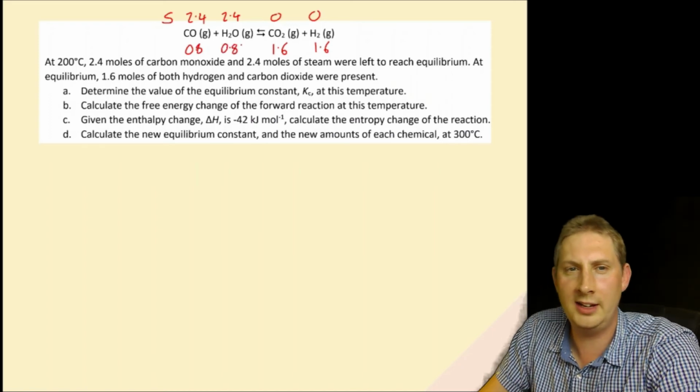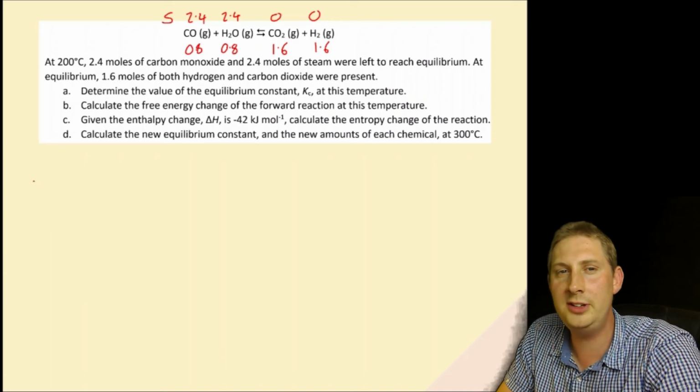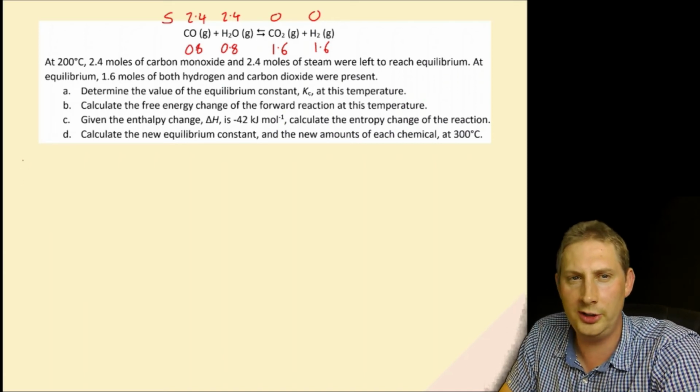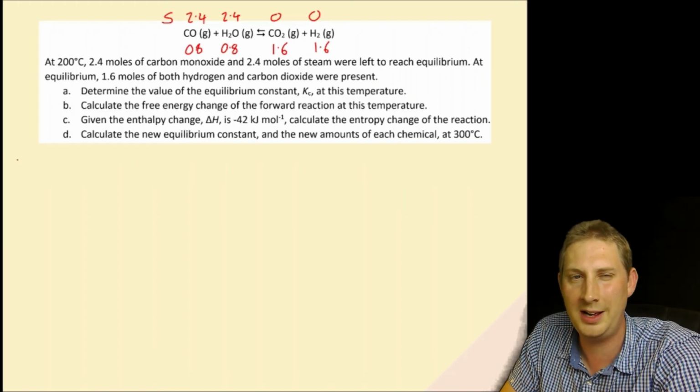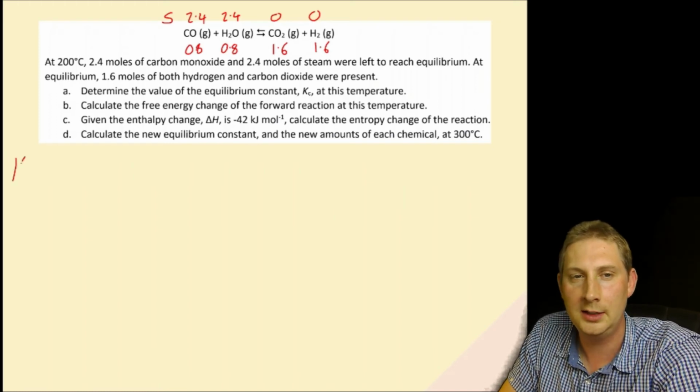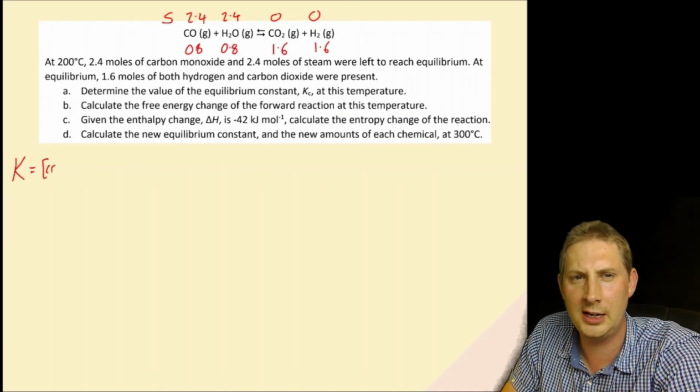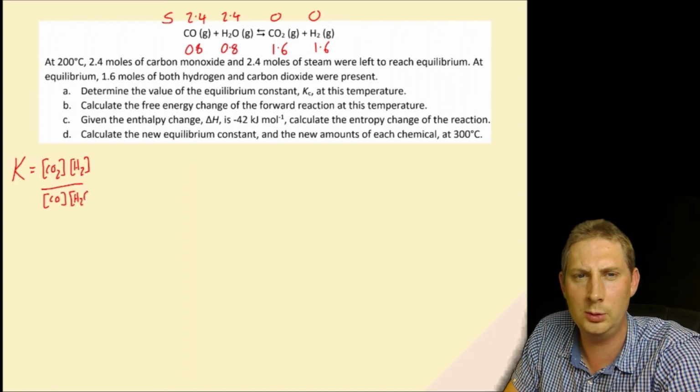Now you might be worrying here that we don't know the volume. So we can't work out a concentration or a pressure, but actually it doesn't matter, because the equilibrium constant there is the concentration of CO2 times the concentration of H2 over the concentration of CO times the concentration of H2O.